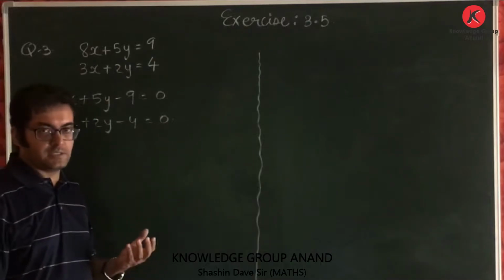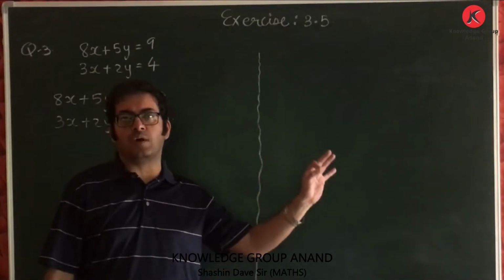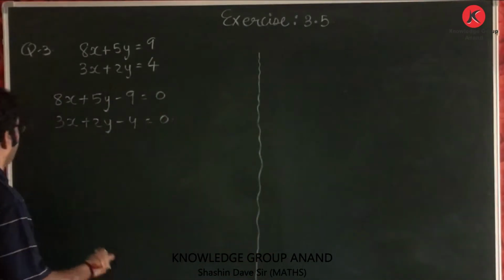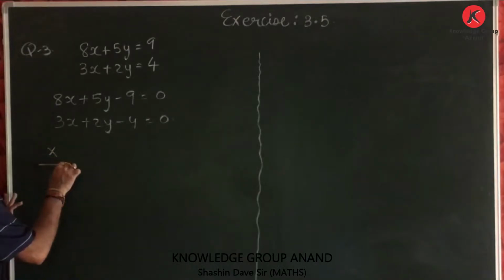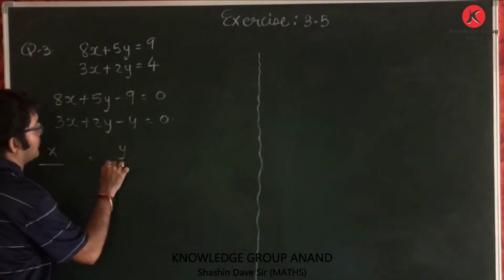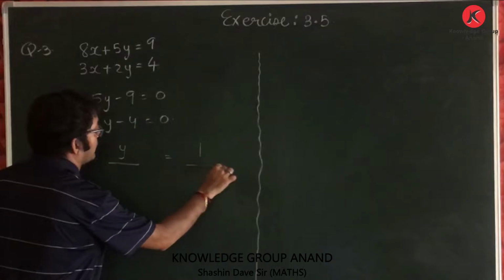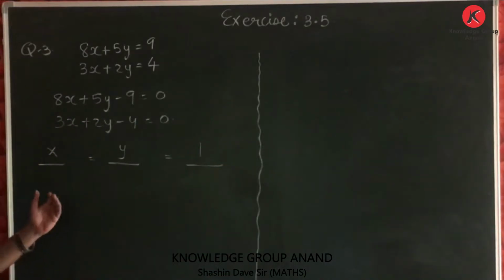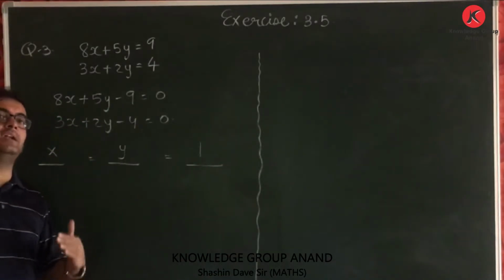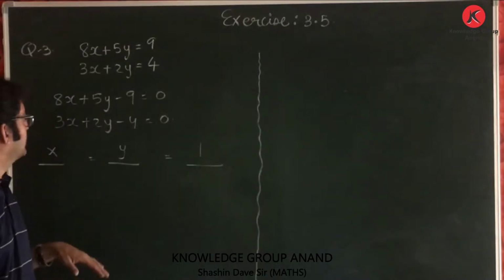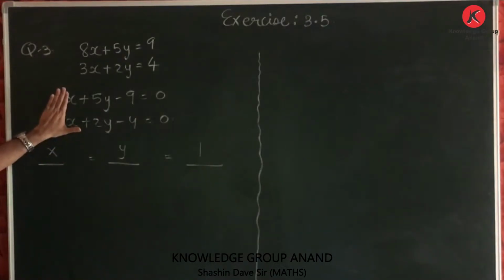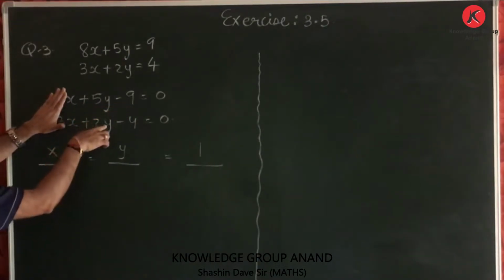Well, in the cross multiplication method, we wrote x is equal to y is equal to 1. So I will write first x is equal to y is equal to 1. Now below x, I will write the coefficients other than x. So by hiding the x part, now coefficients of y and the constant term.